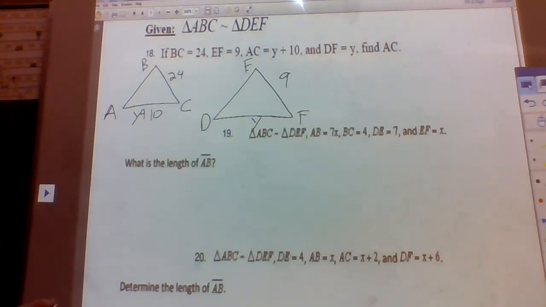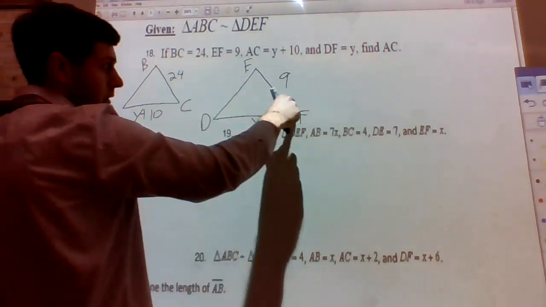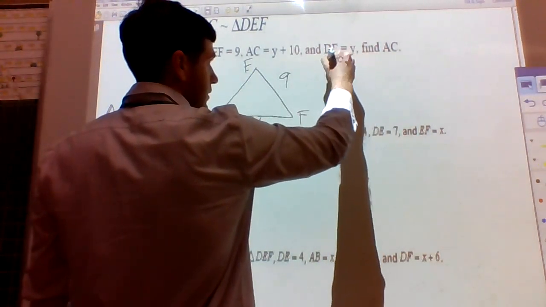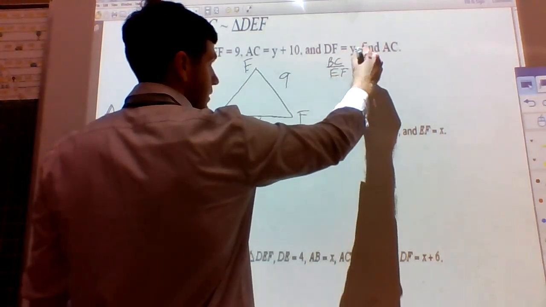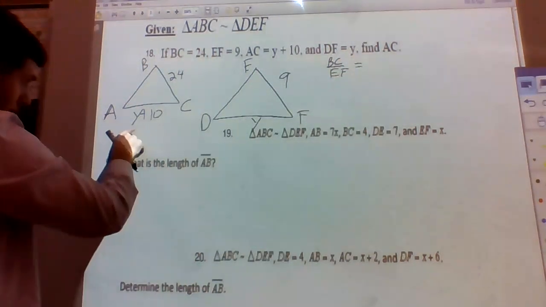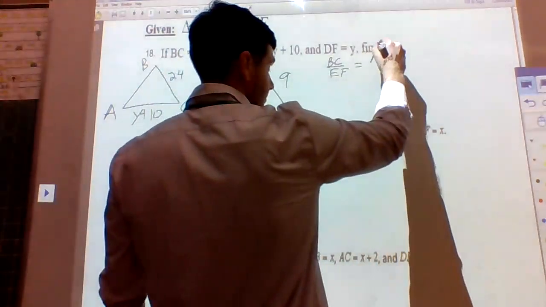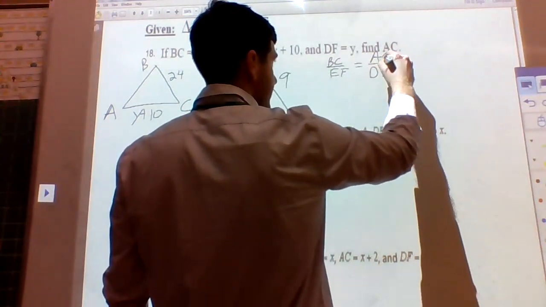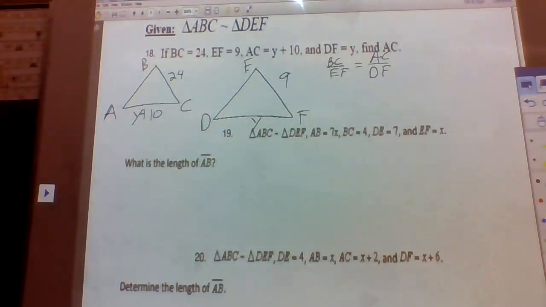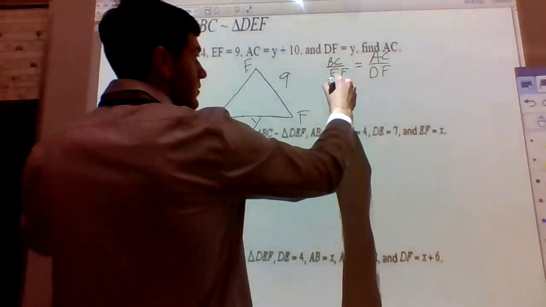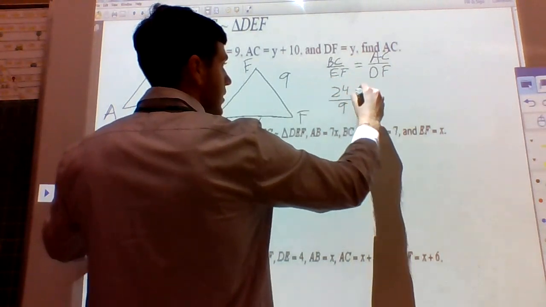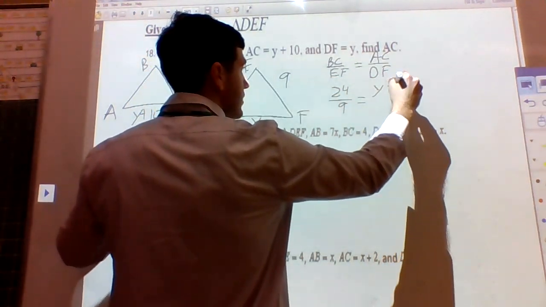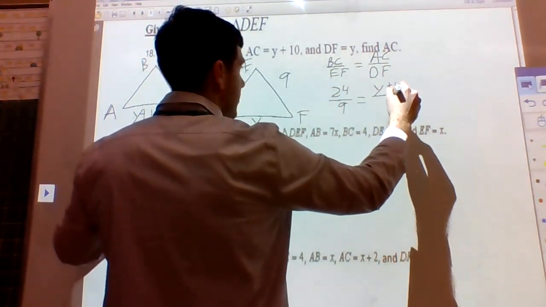So let's set up a proportion, BC and EF, corresponding sides, and then AC and DF. So that's going to give us 24 over 9 and y plus 10 over y.